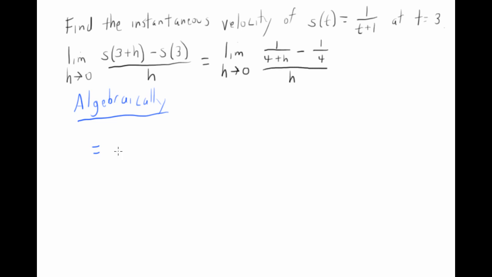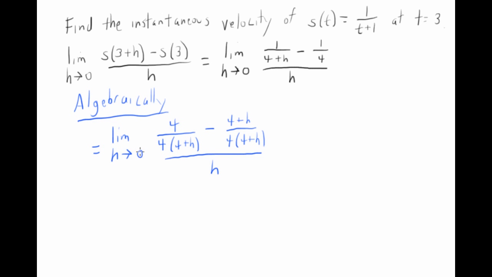So instead, we're going to take that limit and perform some algebra. In particular, I'm going to get a common denominator and add these two fractions up here. So the first fraction is going to be 4 over 4 times 4 plus h, minus 4 plus h over 4 times 4 plus h, the whole thing over h.